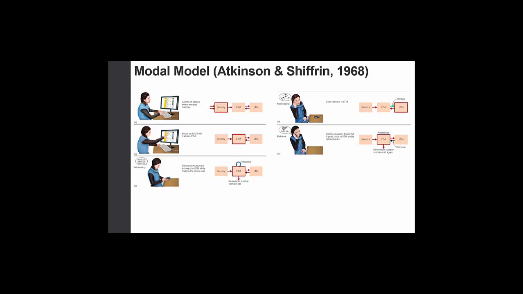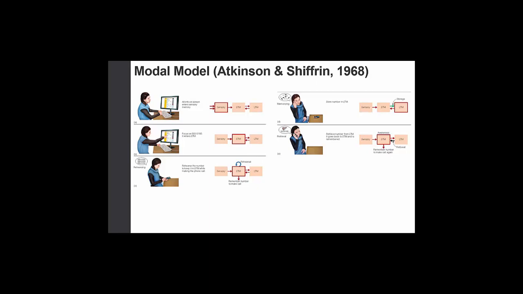Now, the key thing is that once it's in long-term memory, once she has that number learned, whenever she decides, ooh, I want some pizza, she's going to retrieve that information from long-term memory, and it's going to go into short-term memory very briefly while she dials that phone number. So the takeaway is hopefully that this put things into a real life perspective. But the other thing I want people to start thinking about is this transition from short-term to long-term memory.